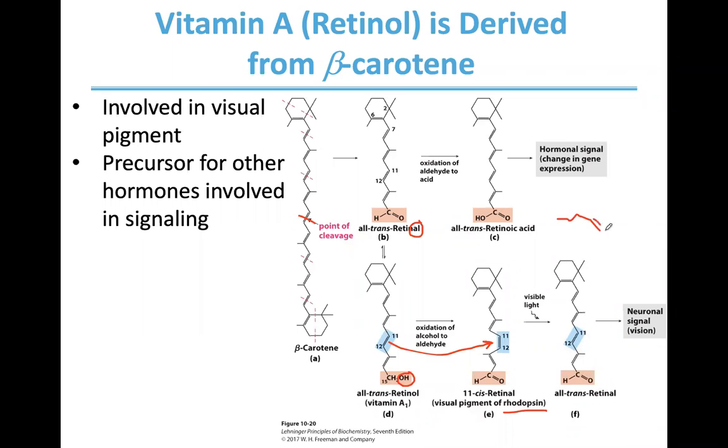if you have a cis double bond, then you have this geometry, and if you have a trans double bond, then you have this geometry. Now imagine this is part of the protein rhodopsin, and you go from cis to trans. Obviously this will have a major impact on how this molecule binds to the protein.